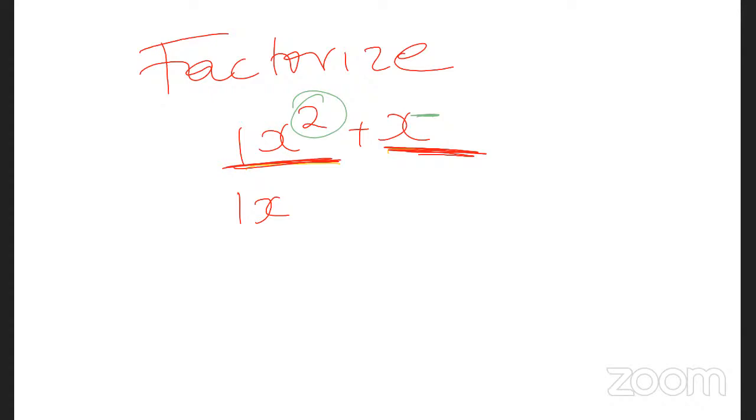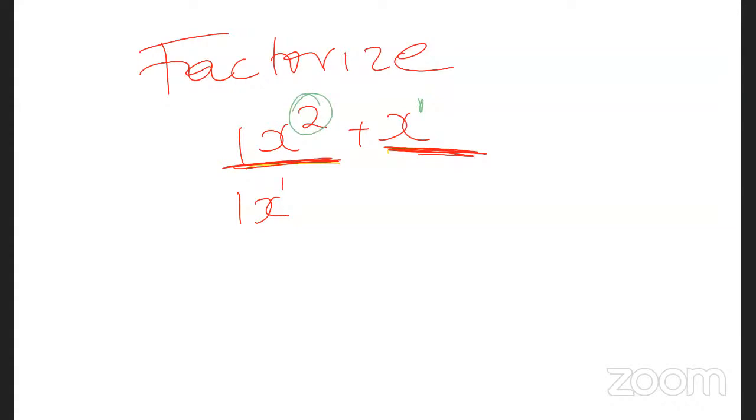The power of x there is 2. What's the power of x here? 1. Good. So the power of x there is 1. So what's the lowest power of x out of the two x's that we have up there? 1. Good.